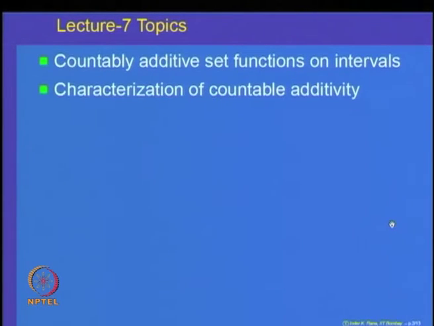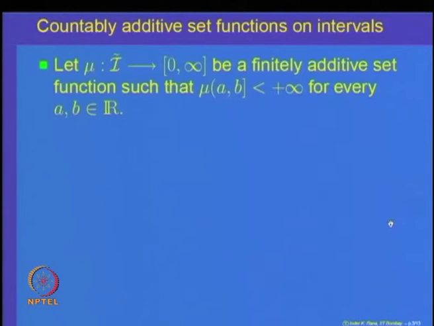So, let us just recall what we were proving in the last lecture. We were trying to show that if mu is a finitely additive set function defined on the collection of all left open right closed intervals, which was denoted by I tilde, with the property that mu of any finite interval is finite, so mu of the left open right closed interval (a, b] is finite for every a and b, then we wanted to characterize such functions and relate them to a class of functions on the real line.